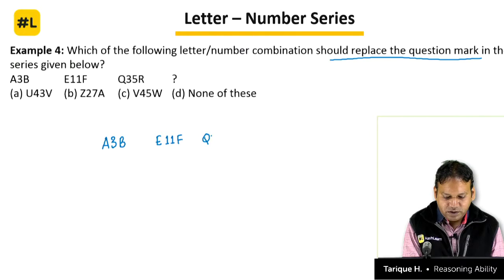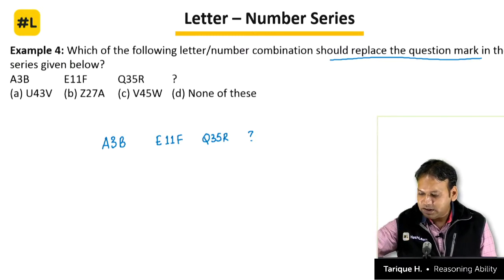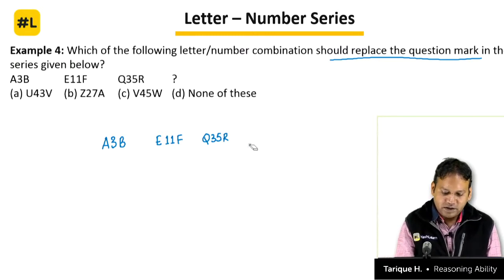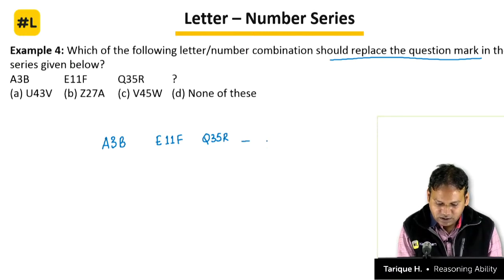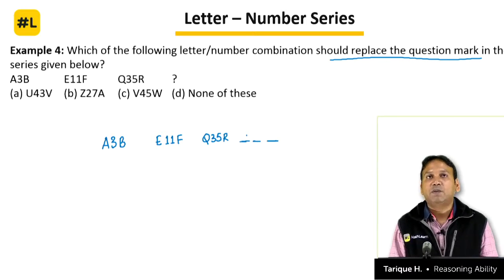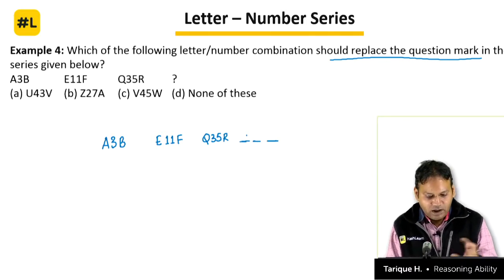Next we have Q35R. Next we have to find out what will come here. Right? We are looking for basically 3 things: 2 letters and 1 number. What letter should come first, what letter should come at the end, and what is the number in between.